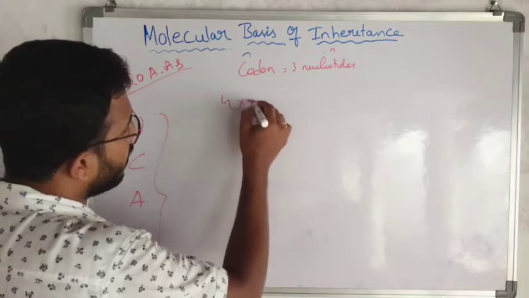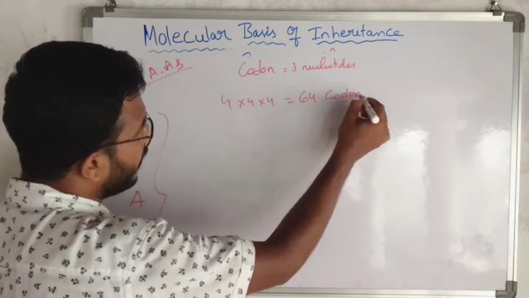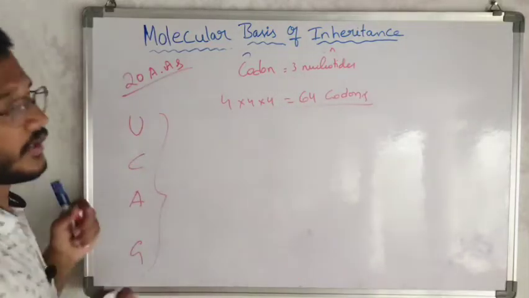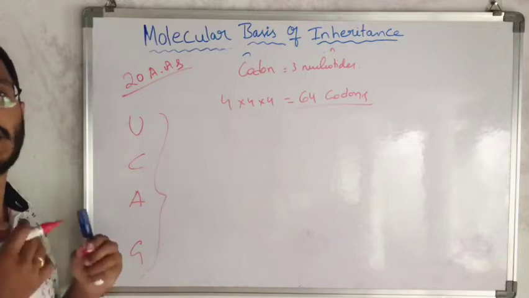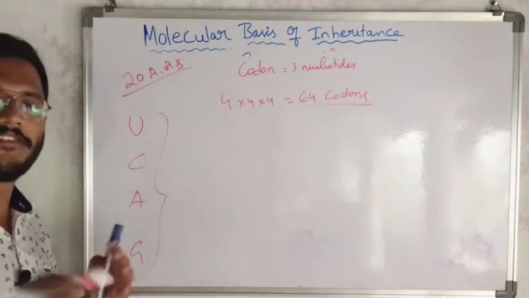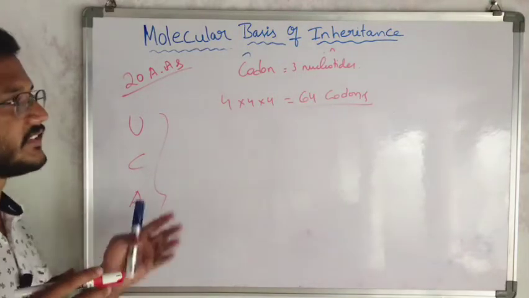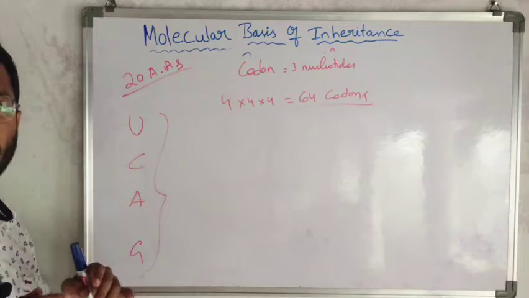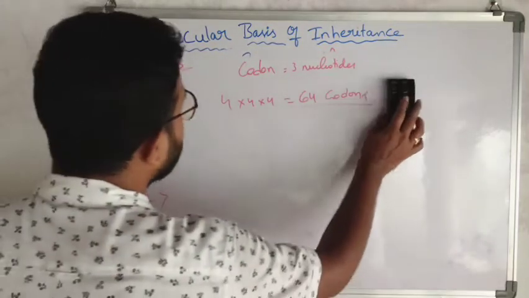So 4 into 4 into 4, that is 64 codons we have. This is very important. Total 64 codons are responsible for the formation of different amino acids. Once different amino acids are formed, different proteins will be formed. So for the formation of amino acids, these codons are very important. How are they formed? Carefully observe.